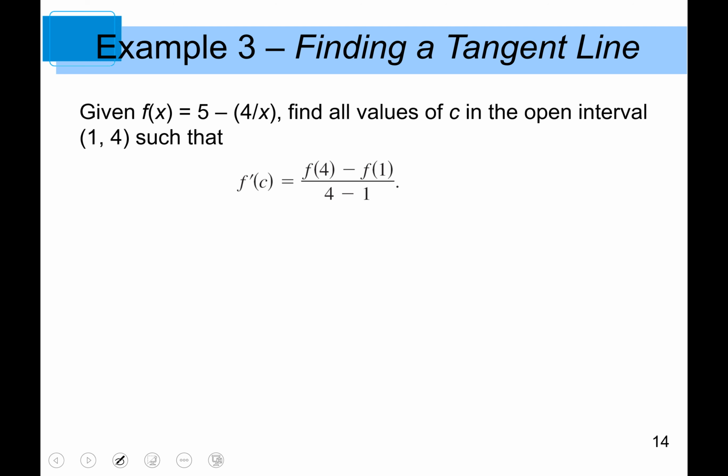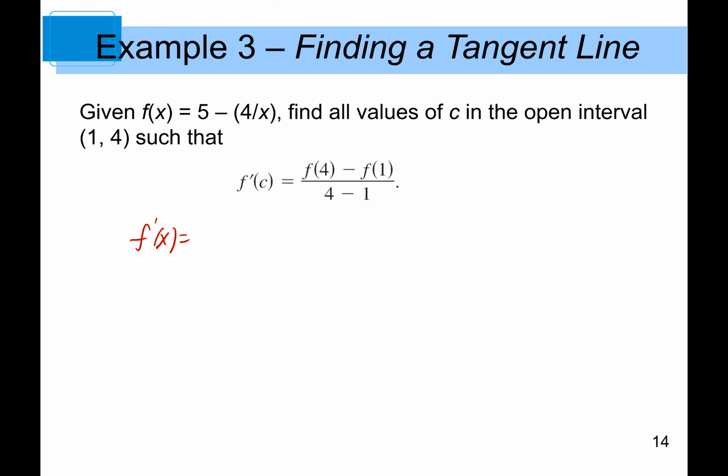let's use the mean value theorem to find a tangent line. Given that f of x equals 5 minus 4 over x, find all values of c in the open interval (1, 4) such that f prime of c equals f(4) minus f(1) over 4 minus 1. In order to solve this, we've got to find the derivative f prime of x.